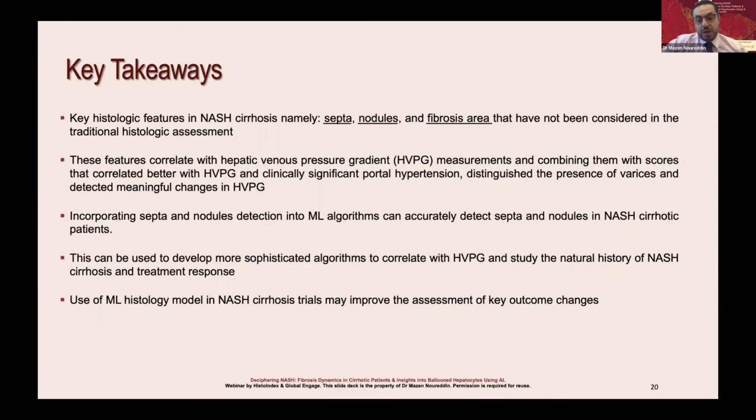And eventually, we believe that this method, if applied in clinical trials for NASH cirrhosis, will be able to detect meaningful, small changes to show that your drug is moving in the right direction, and detect tiny changes, which is what we're looking for in the field of NASH cirrhosis, which unfortunately now is hard to reverse.